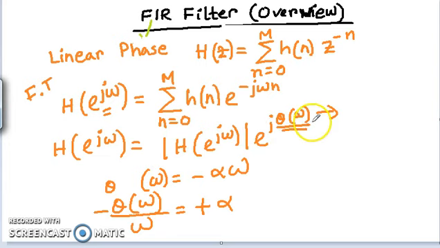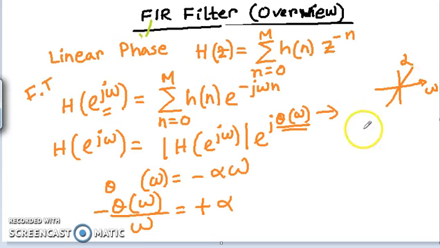Suppose this value of phase angle is basically linear, having a slope of alpha.